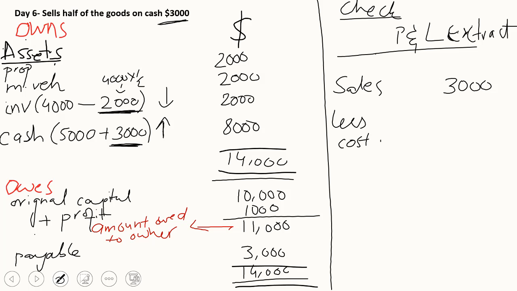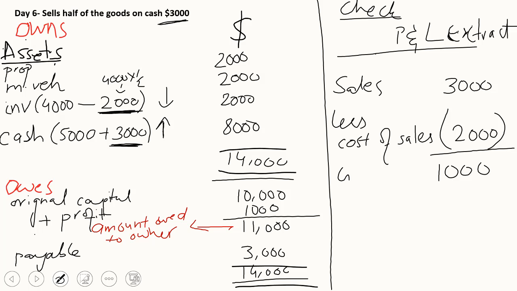And what was cost of sales? Cost of sales is 2,000. So 1,000 is gross profit. And this is this 1,000 here.